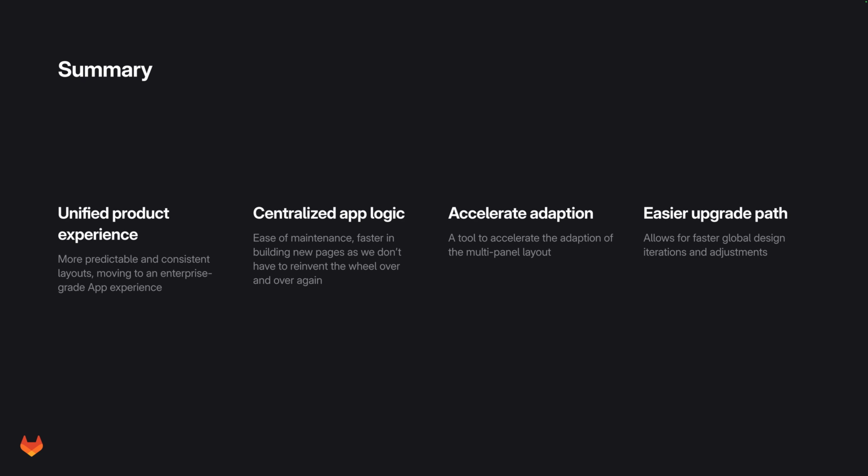So again, we're down to migrations. Yay, right? And it also provides an easier upgrade path in the future. Whenever we do global design iterations and adjustments to the product, this shared basic foundation of templates will allow us to move faster in terms of design language and changes.